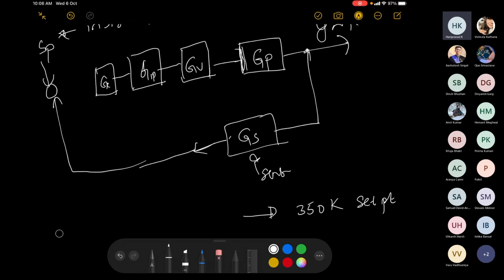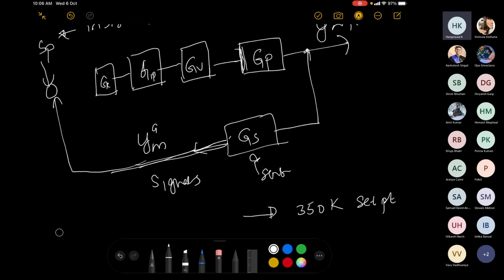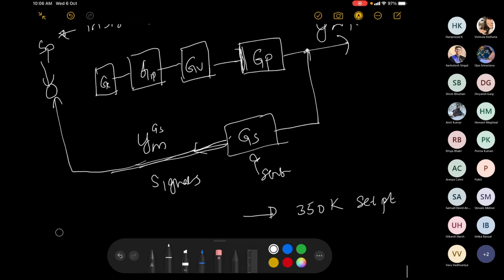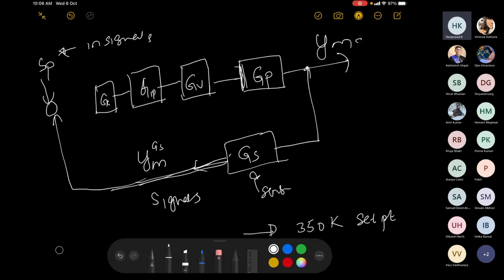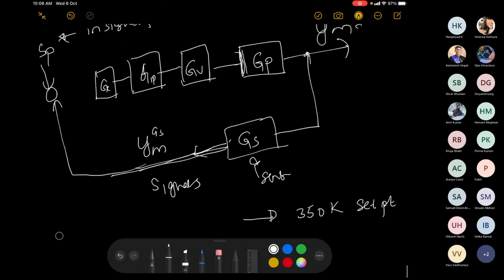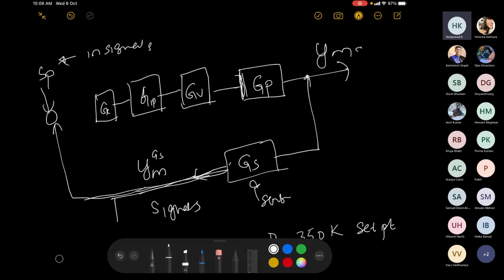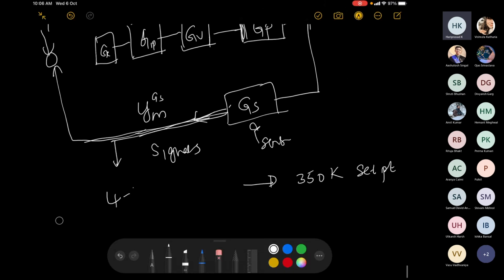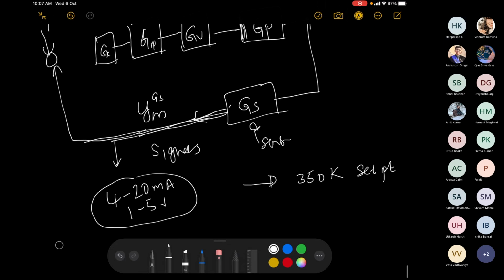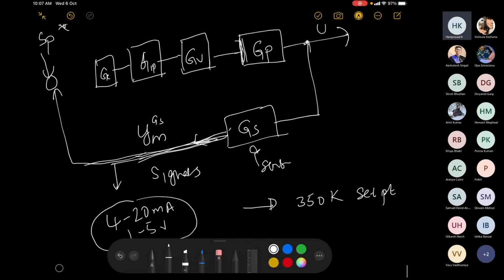From the GS onwards, it is all signals, which means that whatever you are getting here is YM, passed through GS, a signal equivalent to YM, but converted into the sensor domain. Most of the sensors, as we all know, would give outputs of 4 to 20 milliamps or 1 to 5 volt. So this would be the output everywhere in this line.